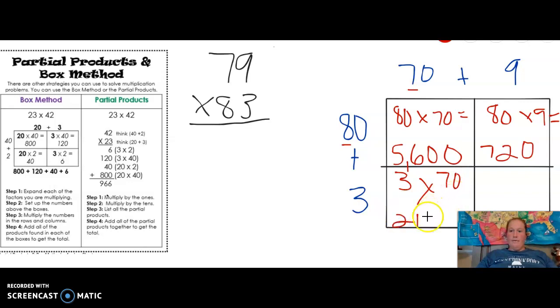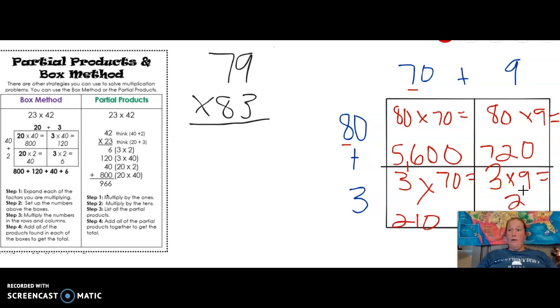Add on that 0. All right, and our last one, 9 times 3, or 3 times 9, however you want to put it. 3 times 9 equals 27.